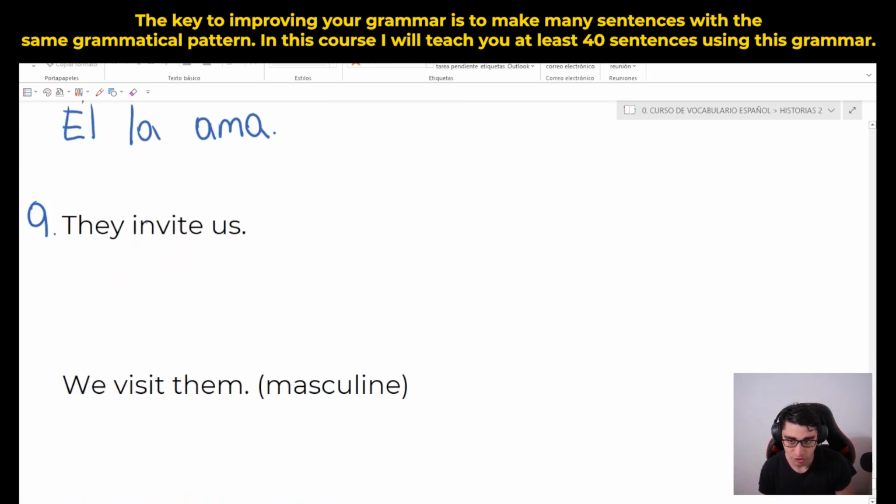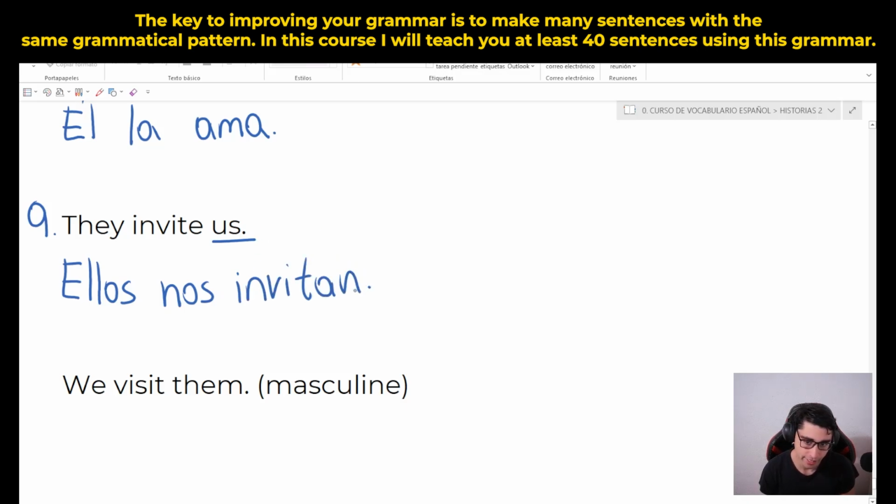Vamos a continuar con la oración número 9. If you have any question, just let me know. ¿Cómo dices esto? It's going to be ellos nos, right? Ellos nos invitan. I want you to practice an exercise: try to think when you read "ellos nos invitan." Try to think about the concept, okay?